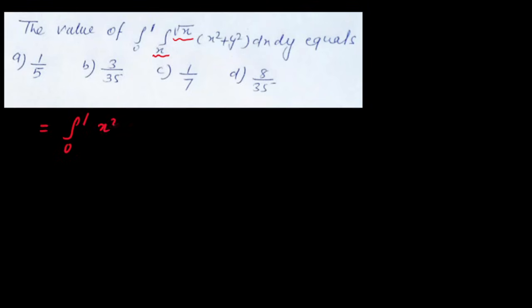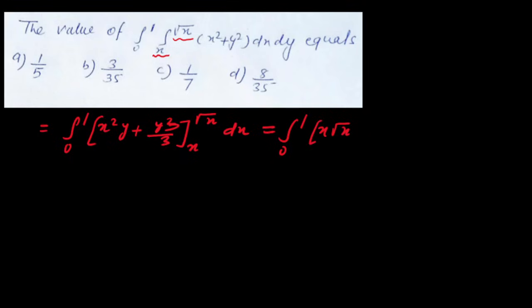So x square y, and y square will give me y cube by 3, and the limit here is x to under root x, and then dx. Now the limit is 0 to 1. I have to put the limits. So x square into under root x. Avoiding the writing part may result in confusion, so it may take time, but no problem.